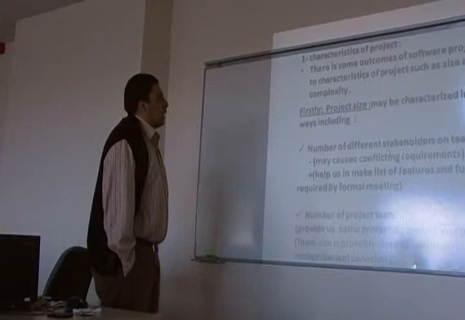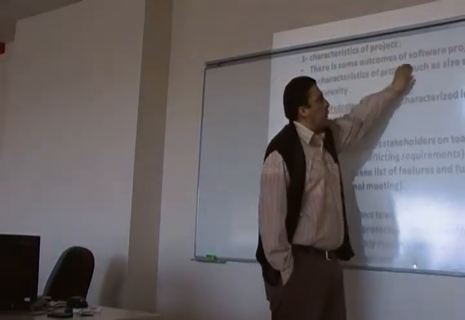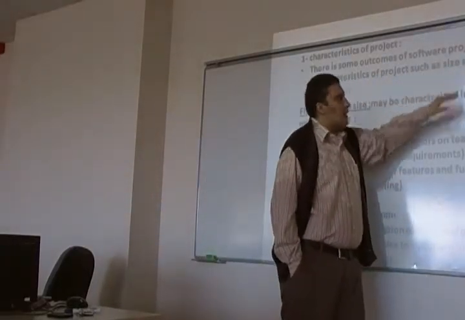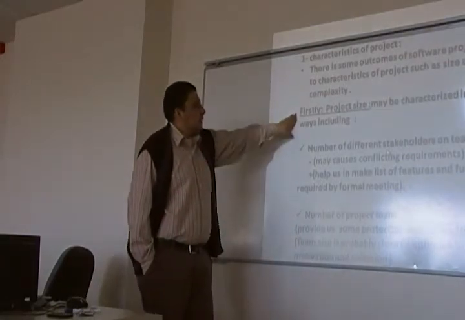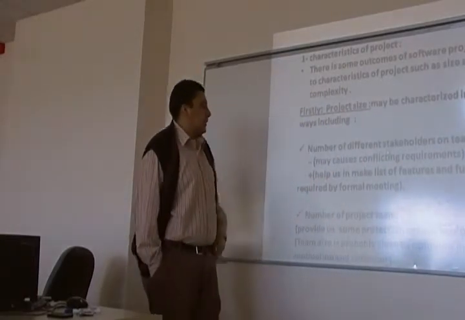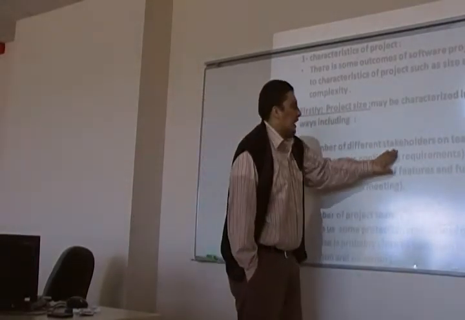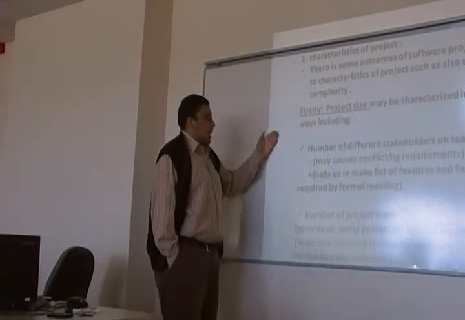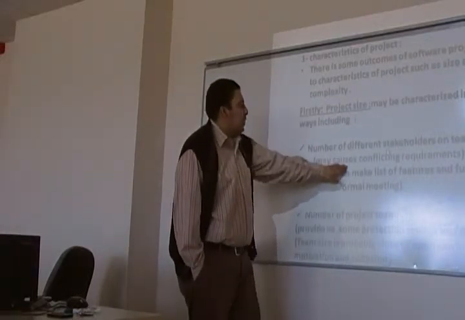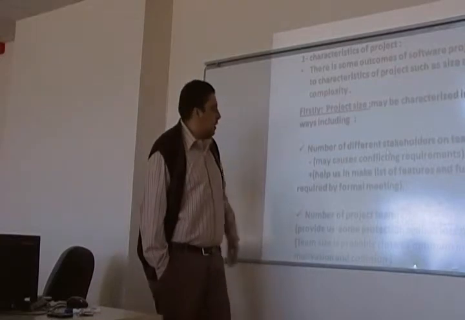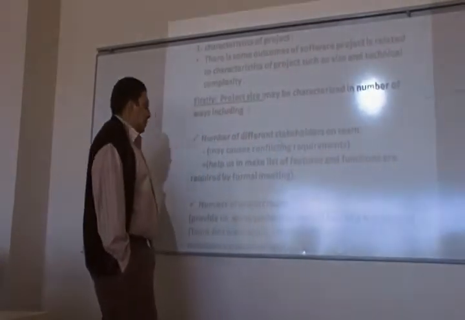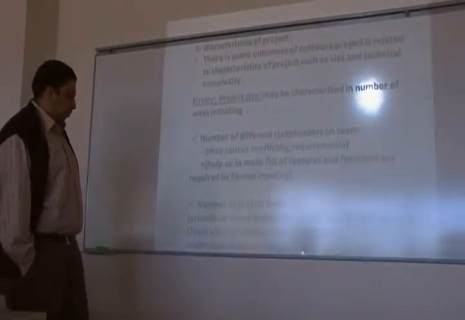Characteristics of the project. Some outcomes of a software project are related to characteristics of the project such as size and technical complexity. Firstly, project size may be characterized in a number of ways. The number of different stakeholders on the team has positive and negative sides. The negative side may be conflicting requirements. The positive side helps us make a list of features and functions required through formal meetings.